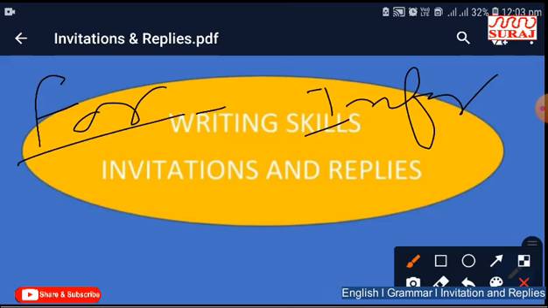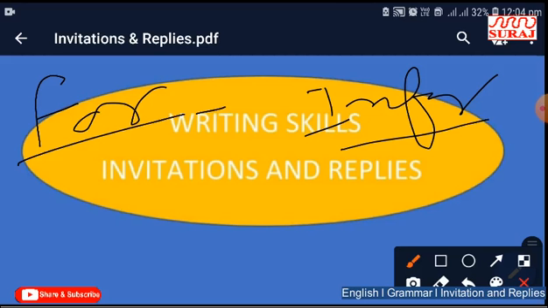Formal invitations are generally printed invitation cards through which we invite our guests on auspicious occasions like weddings, birthdays, inauguration of shops and houses, etc. Whereas informal invitations are nothing but personal letters written to friends, acquaintances, and relatives.